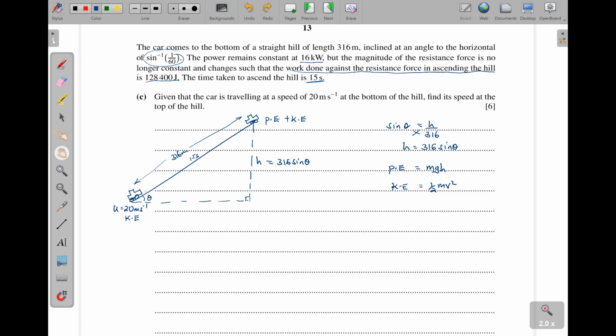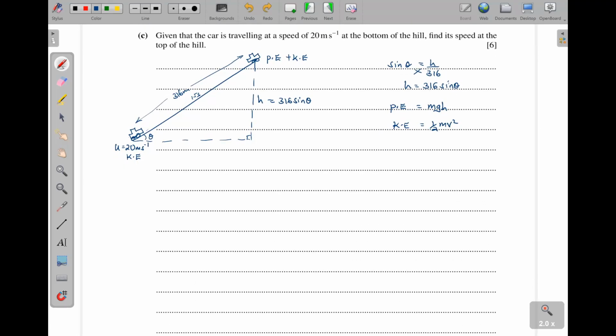Now, having put all of that down, we use the work energy principle, which says that work done by the driving force, minus work done against resistance, is equal to the change in mechanical energy.